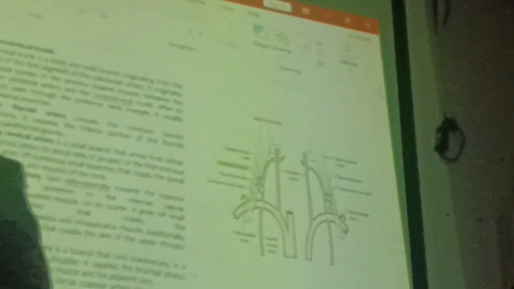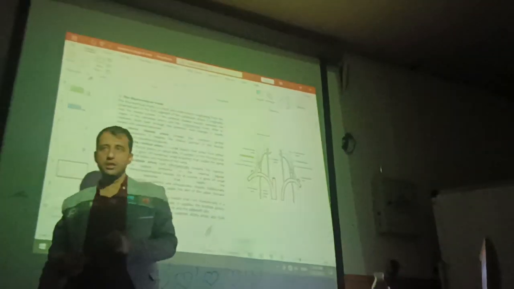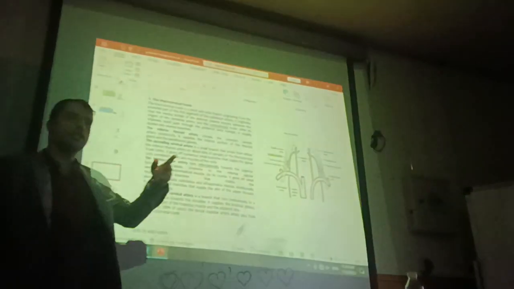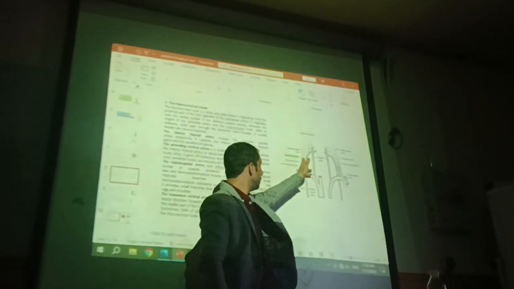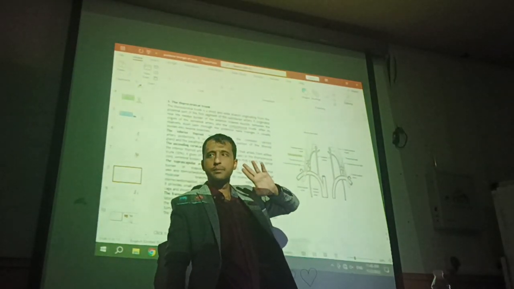see these two branches, transverse cervical and suprascapular. Yes? Transverse cervical and suprascapular artery. These two arteries cross the anterior scalenus, here is the anterior scalenus, and also the phrenic nerve.